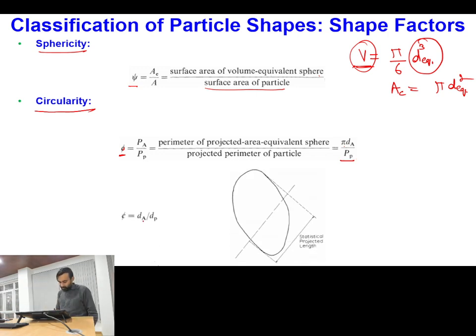So one simplified thing to calculate the circularity is that we use the dA we have calculated using the earlier method. Here again the statistical projected length we need to calculate the way I explained earlier, and the averaging of that will give me dA. Okay, this point is clear. So again to calculate dA I am showing the same thing again.